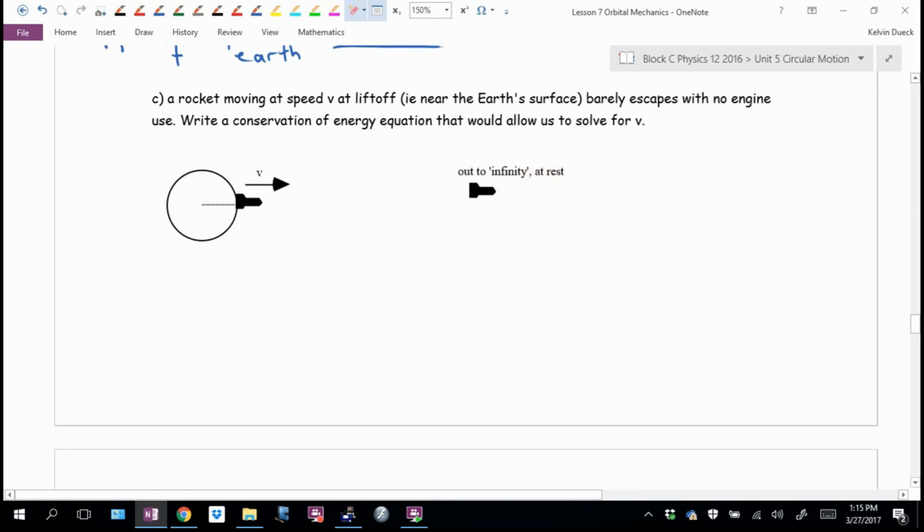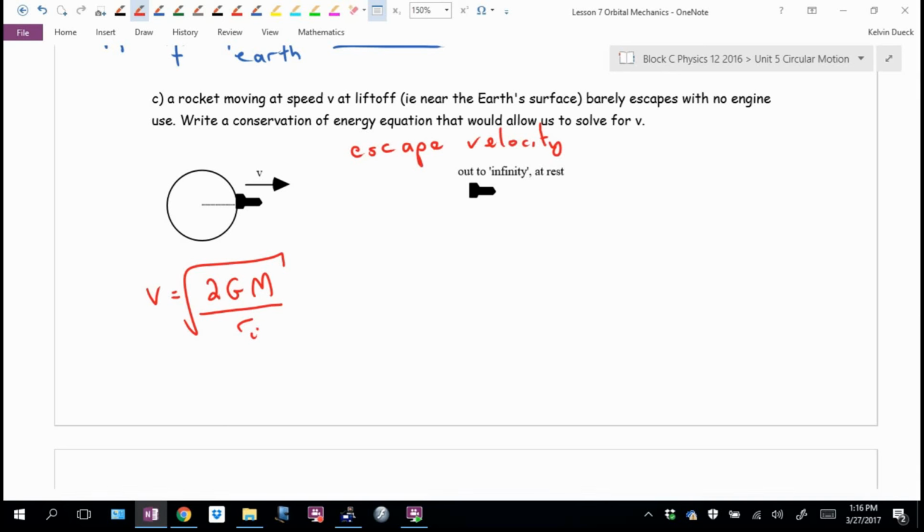Oh, out at infinity. You know what? This is escape velocity, which we already derived. I think it was the square root of 2 times G times M over R initial. I think it was that. If you want to do the actual derivation, we did it earlier. I think it was example 2 or 3, something like that. Okay?